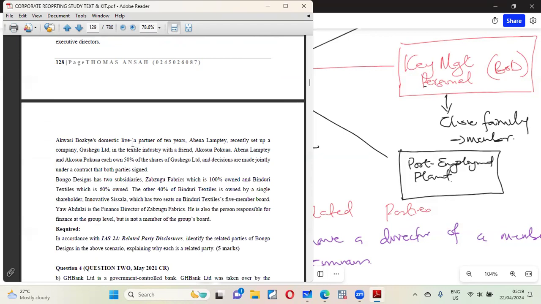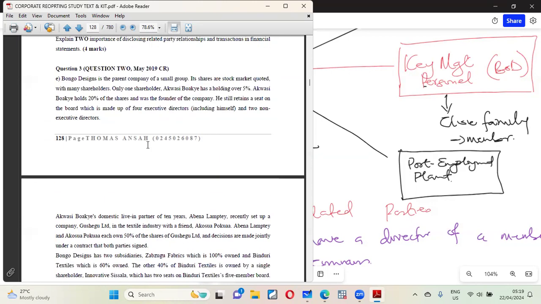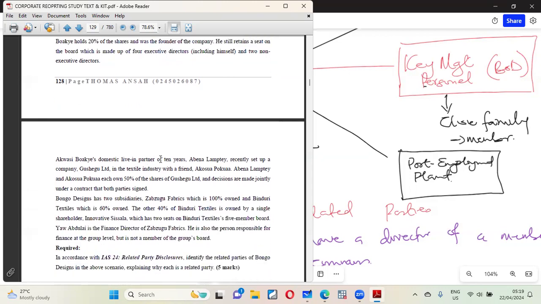Kwesi Boakye's domestic live-in partner of 10 years, Abena Lamte, that's kind of the wife, recently set up a company, Gushegu Limited, in the textile industry with a friend, Akosua Pokua.